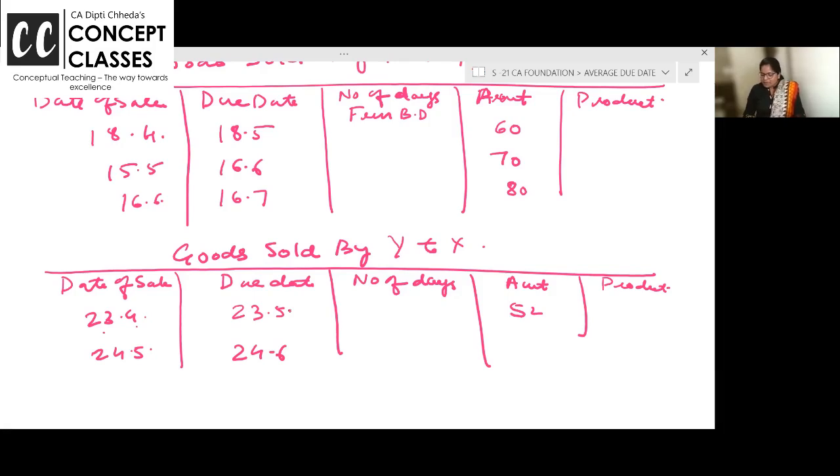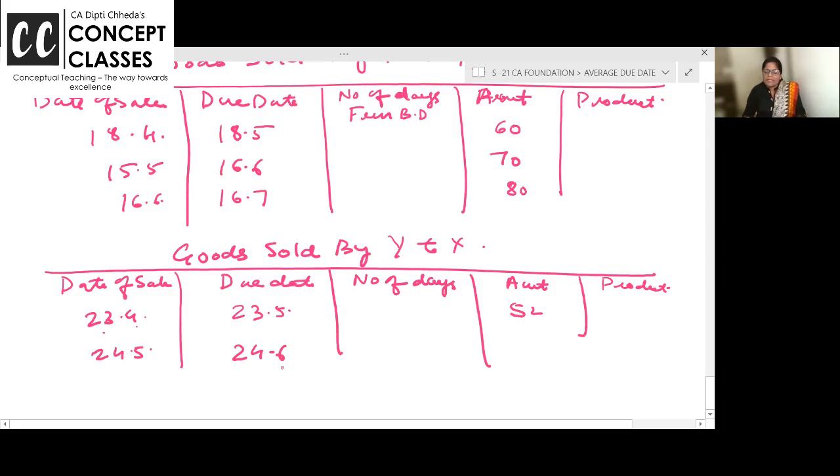Now any one of the base dates you have to take, but a common base date, dear students. How will we take the common base date? 18th May, June, July, May, June. Okay? So which one is the lowest date?